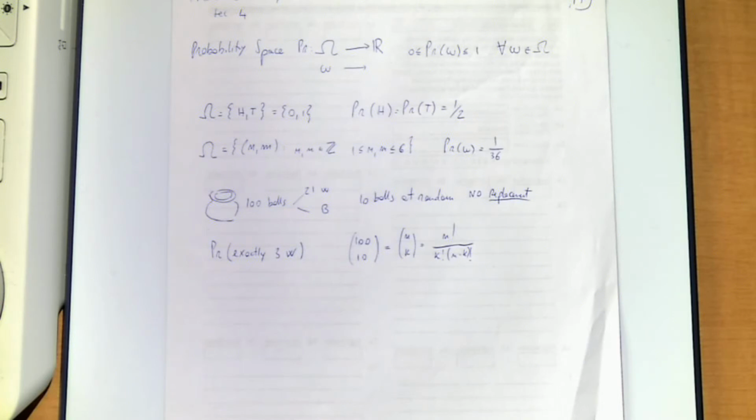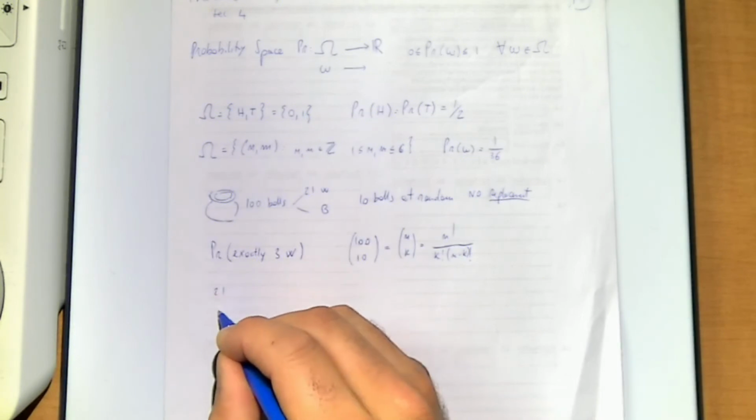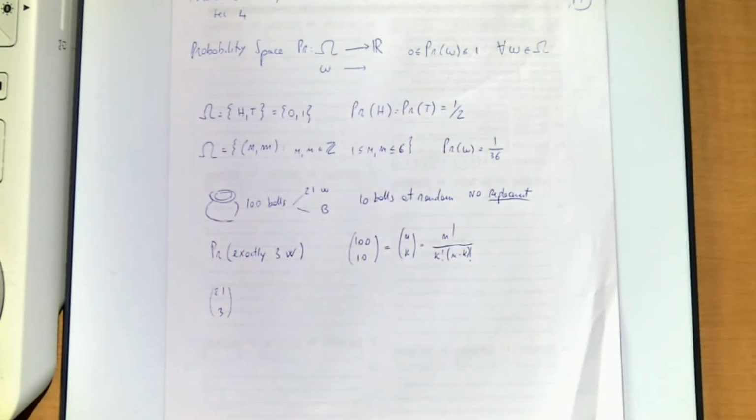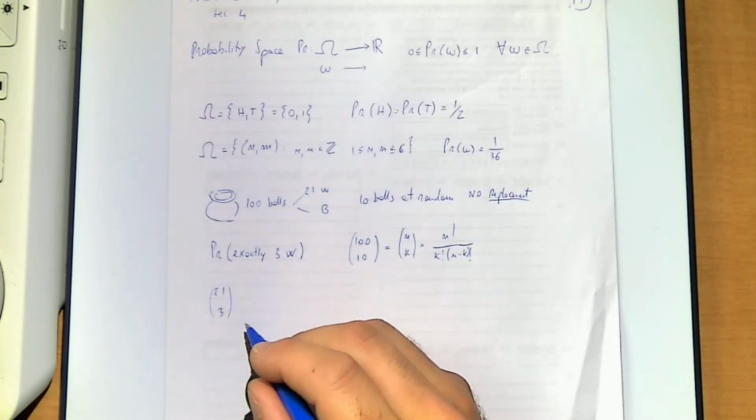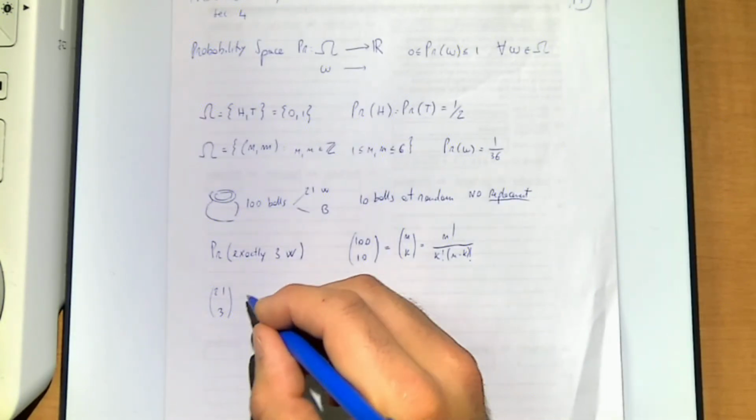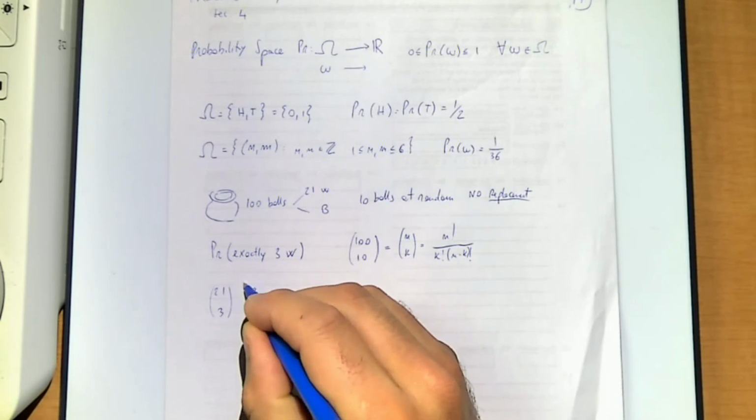So, obviously the binomial coefficient is present everywhere in probability. In our case, we have 100 choose 10 total ways of picking, right? And then we have 21 choose 3, because we want exactly 3 white balls. And then we have the rest, which is 79 choose 7.